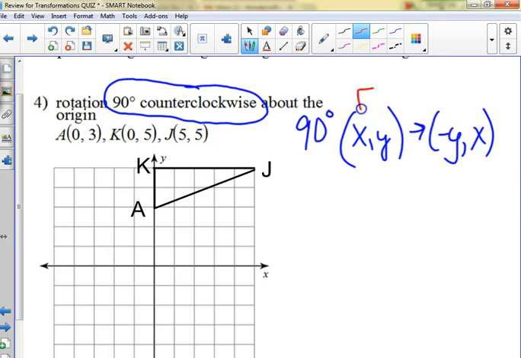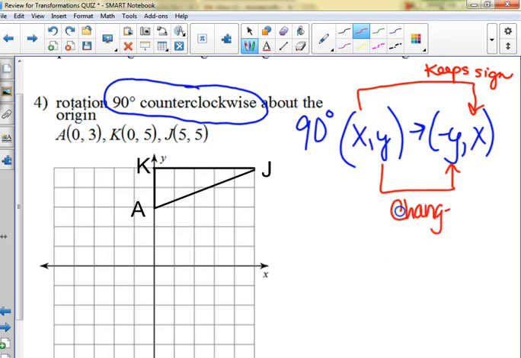What this means is x keeps the sign, and y moves to the front and changes sign. It doesn't mean negative. It means whatever it was, you have to change the sign on the y. So A, the 0 is going to move to the back, and the 3 is going to move to the front and change sign.